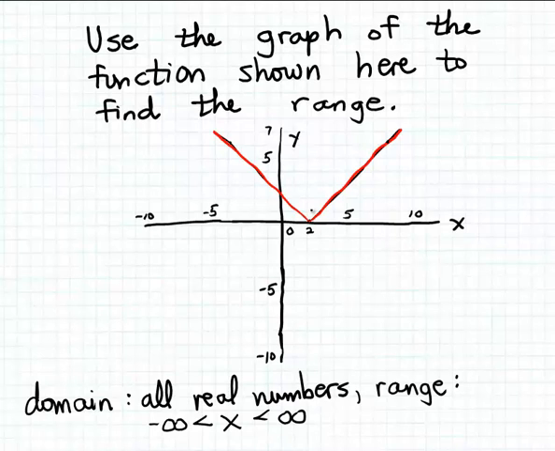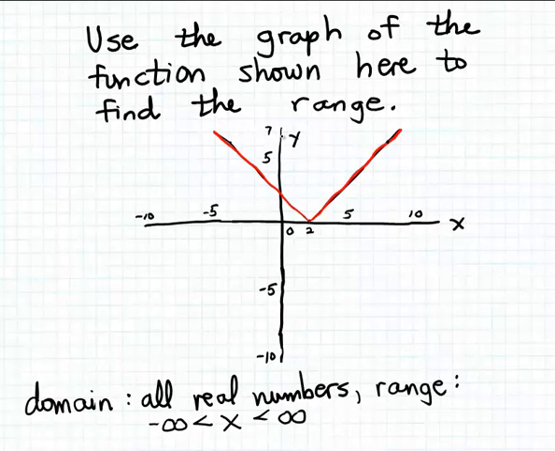Now, if you look at the top of the graph here, it's easy to assume that the maximum output value is 7. Because the last point on the graph that we see plotted on the right here has a y-coordinate of 7. And the last point that we see plotted on the graph here on the left also has a y-coordinate of 7.